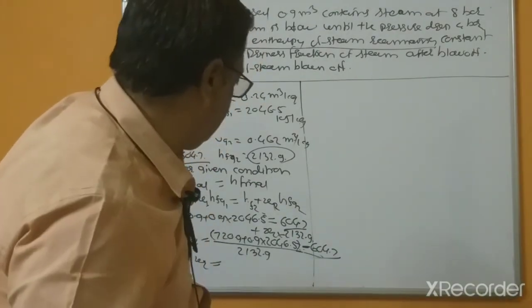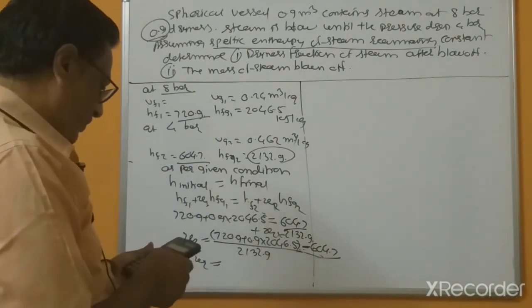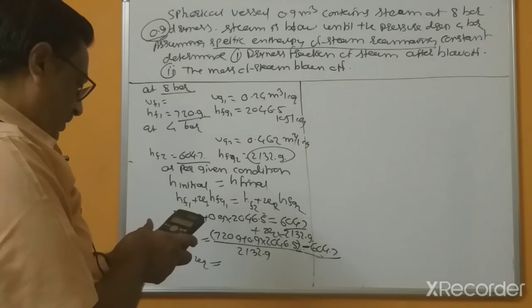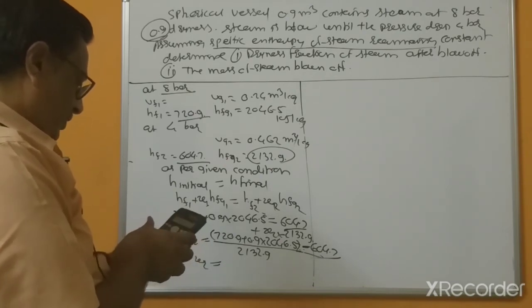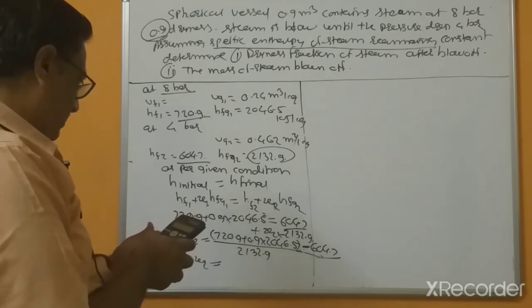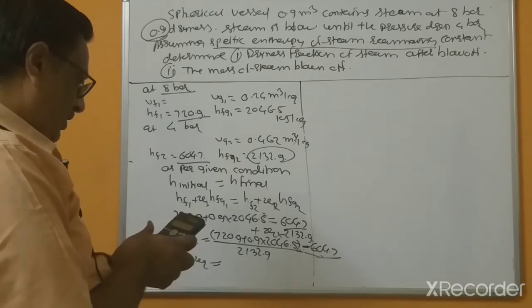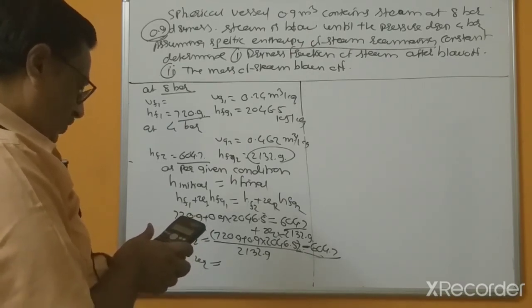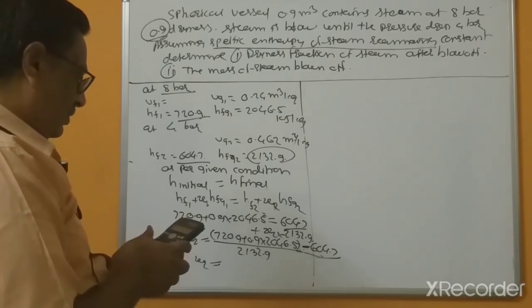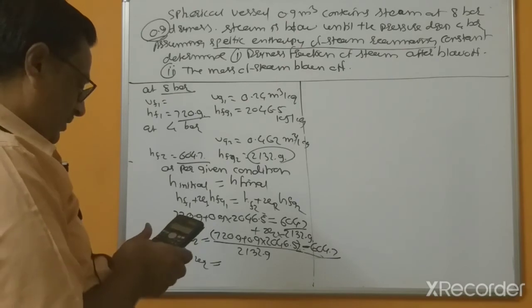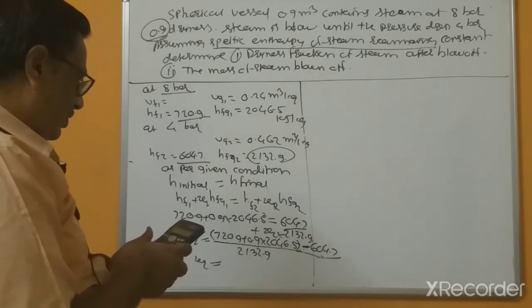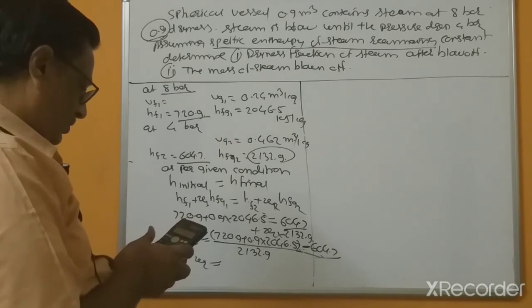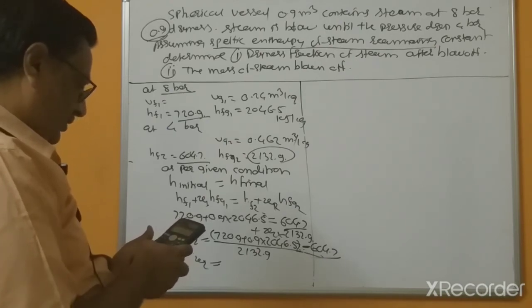Try to understand what I am doing here. 720.9 plus 0.9 into 2046.5, minus 604.7, divided by 2132.9.